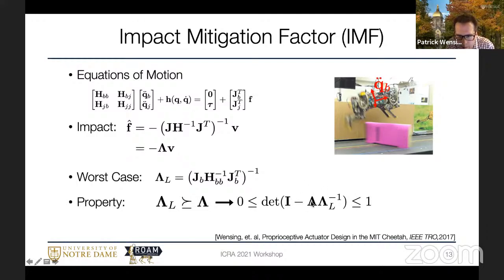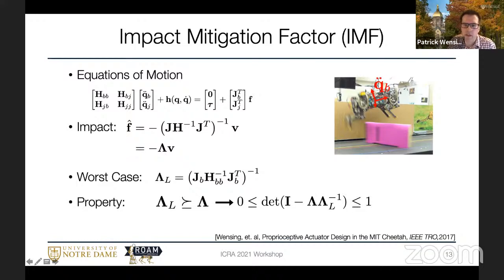In the best case scenario, when lambda is 0, if there's no contact mass and so no impact impulse, then I have the determinant of the identity, so I get a 1. So 1 is good, best case scenario. Worst case scenario, if this matrix lambda is equal to the locked case, then I get an identity matrix when I do this multiplication. So I get the determinant of 0, I get 0, which is bad. So 0 is bad, 1 is good.